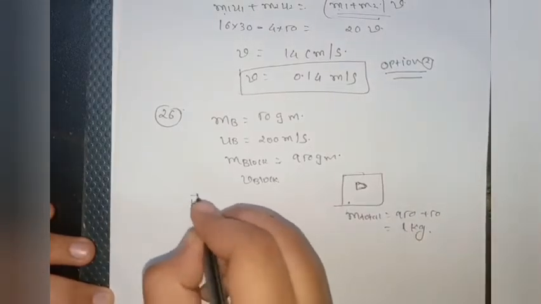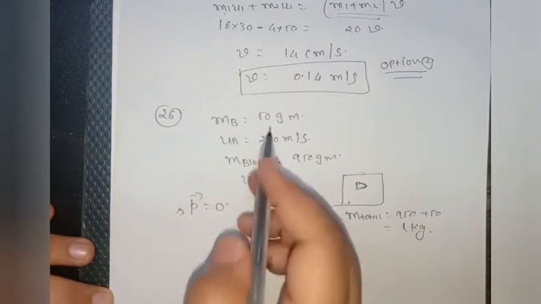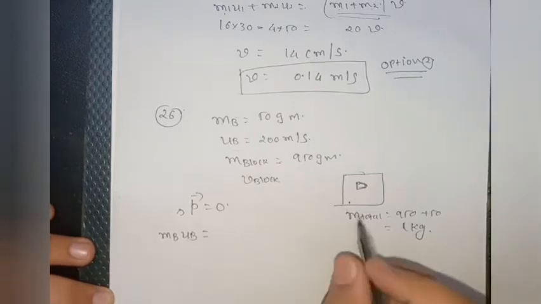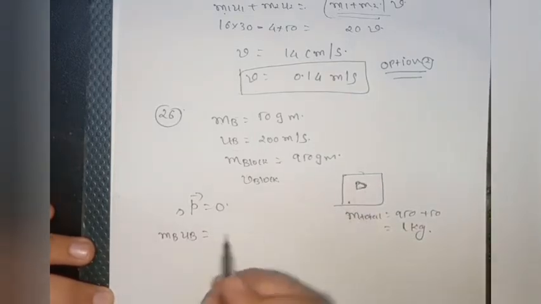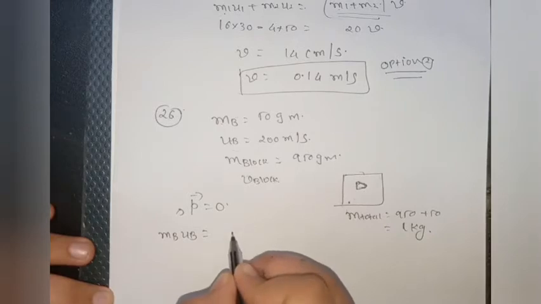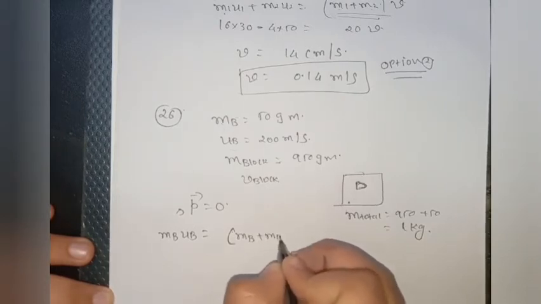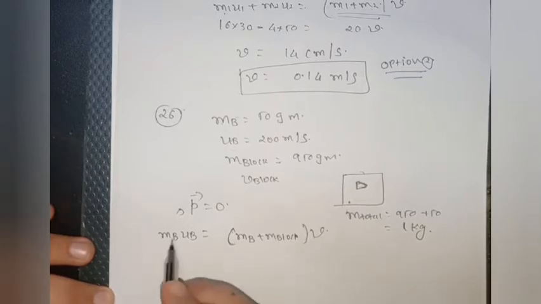We'll use conservation of linear momentum. Initially only the bullet is moving, so mass of bullet into velocity of bullet is equal to, finally the bullet is embedded into the block, so both will move combinedly with the same velocity. So mass of bullet plus mass of block into combined velocity v.